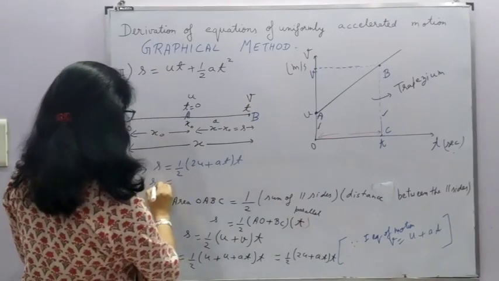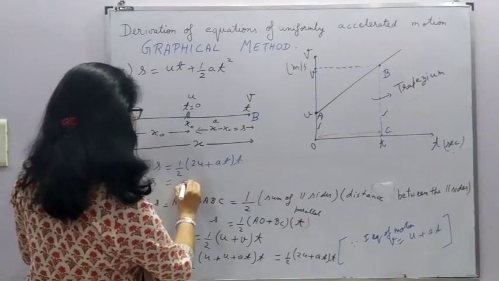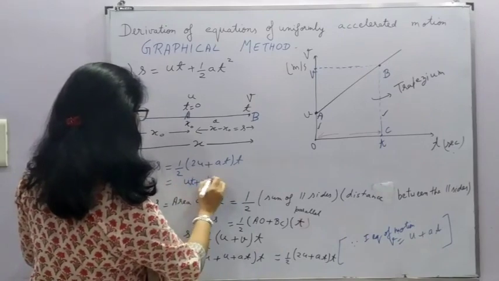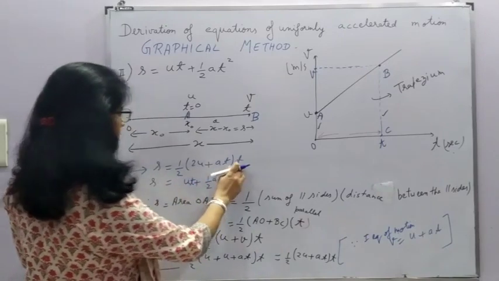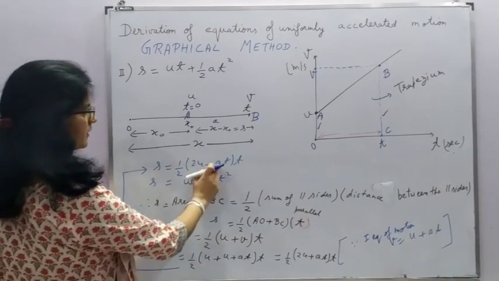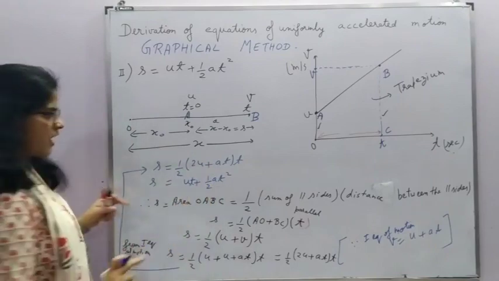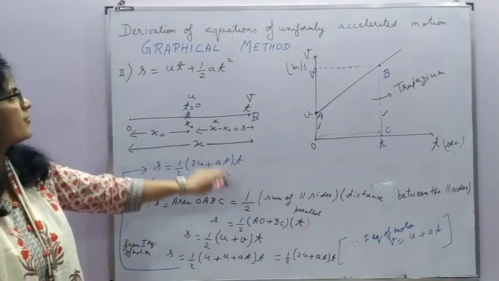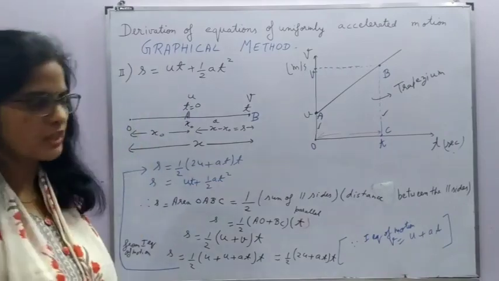So this gives us ut plus half at square, because this t is multiplied here, 2 cancel, so this makes it ut, and if I multiply this half here, t here, so this makes it half at square. So the equation of motion is s is equal to ut plus half at square. This is what our second equation of motion is.